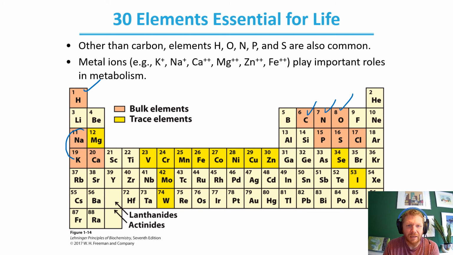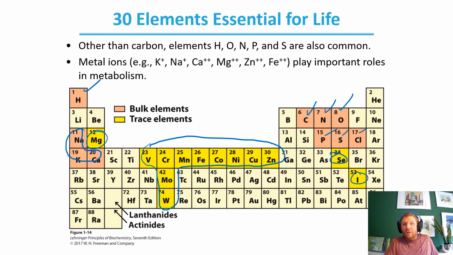Sodium, potassium, and calcium, those are going to be your ions that we talk about quite often. Magnesium sometimes. We will talk about some of these transition metals periodically, as well as selenium and iodine. But then phosphorus, sulfur, and chlorine are kind of the last ones that we'll talk about on a very regular basis.